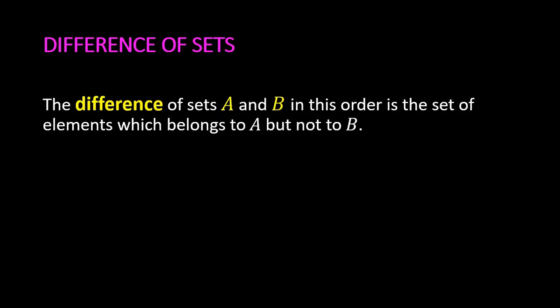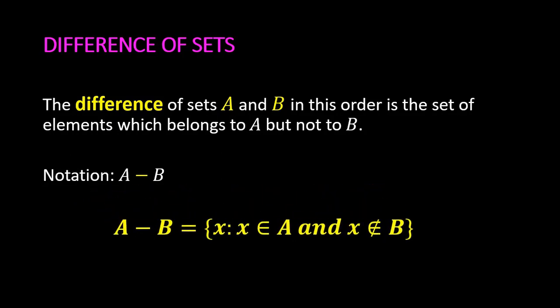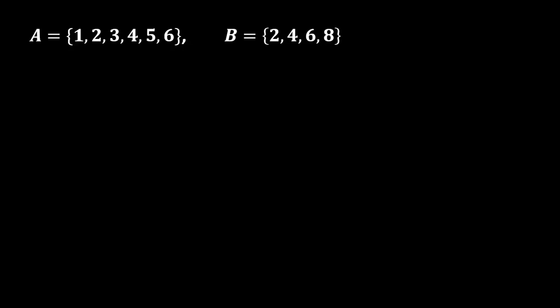So next we come to difference of sets. The difference of sets A and B, in this order, is the set of elements which belong to A but not to B. Notation: A minus B. So A minus B will be all those x which are in A but not in B. So x such that x belongs to A and x does not belong to B. Let us see this example. We have A equal to 1, 2, 3, 4, 5, 6 and B equal to 2, 4, 6, 8.